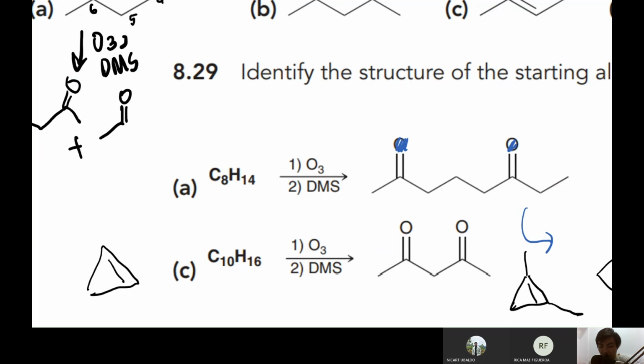Triangle, may double bond, then may dalawang CH3. Okay, pag pinutol mo yan, ito yung itsura niyan. Ito, magkakaroon ng C double bond O, then another C double bond O, then another carbon. Okay, so, imaginative na lang yung ating gagawin dyan.